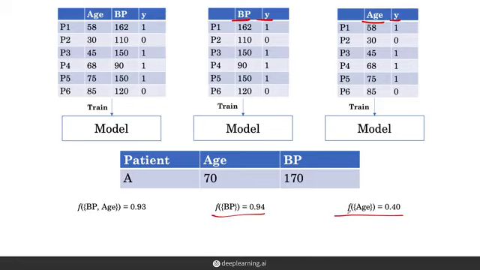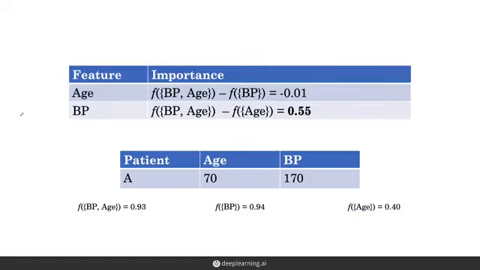Notice that the prediction using the BP is similar to the prediction made by the full model, but the prediction made with just age is much smaller. We can compute the importance of a feature for patient A by taking the difference in outputs with and without a feature.